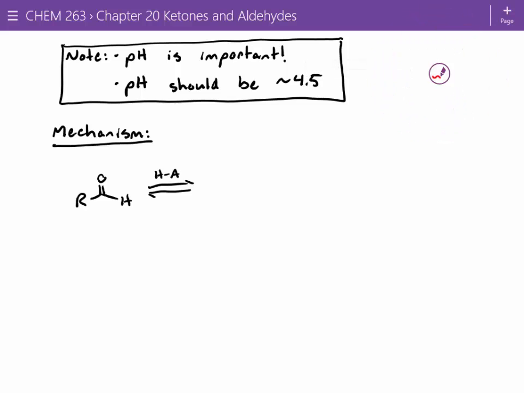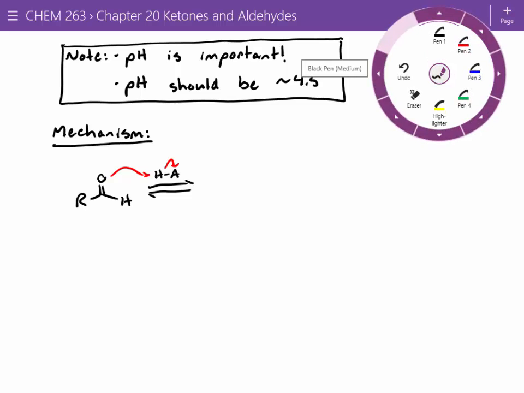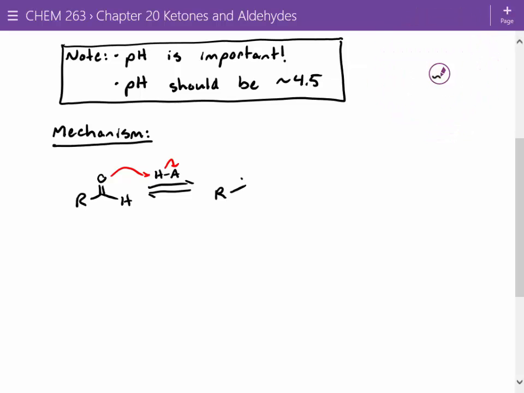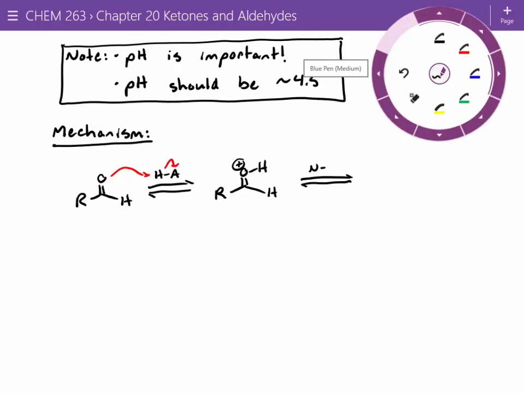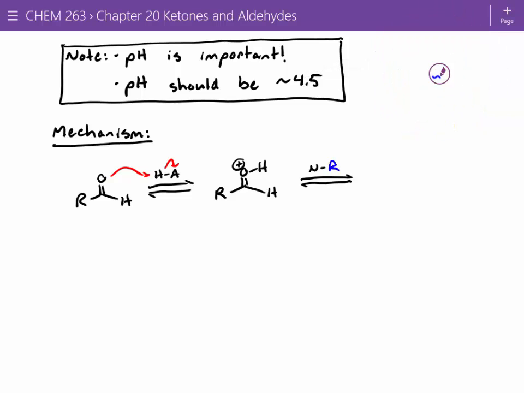We can show the carbonyl getting protonated, kicking off our conjugate base. Now we've got a really good electrophile. We can draw the resonance structure like Kareem was saying, or we can leave it as is. You're fine doing it either way. I mean, one is clearly more accurate, though. And I'll label the R group here as a blue R.